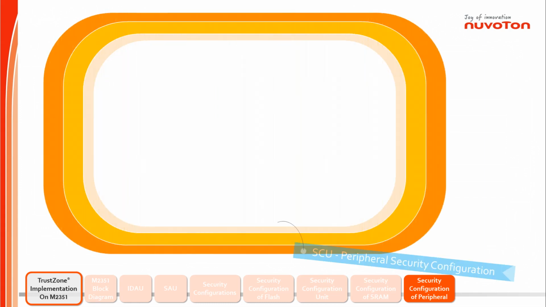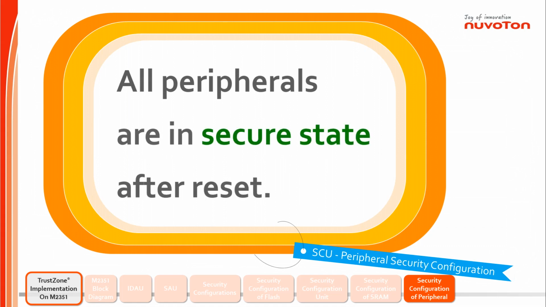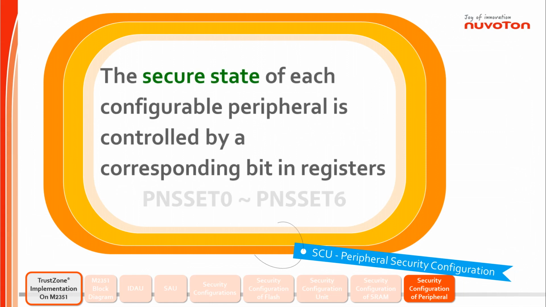All peripherals are in secure state after power on or reset. The initialization code can program a set of control registers to change some peripherals to be non-secure. These control registers include PNS set 0 to PNS set 6 and IONS set.